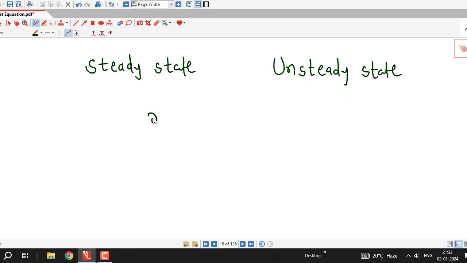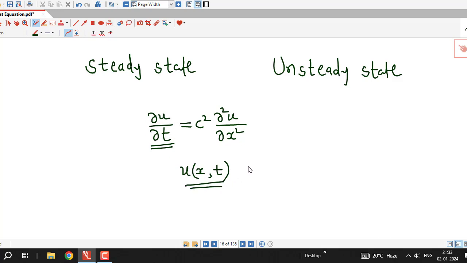We are familiar that one dimensional heat equation is given by del U by del T equal to C square times del square U by del X square, and here U is the temperature which depends on the position X and time T. Now in some situations it is given that temperature U does not depend on time, or U does not vary with time. So in that case U is a function of only one variable X. That type of state is called steady state of the given system.